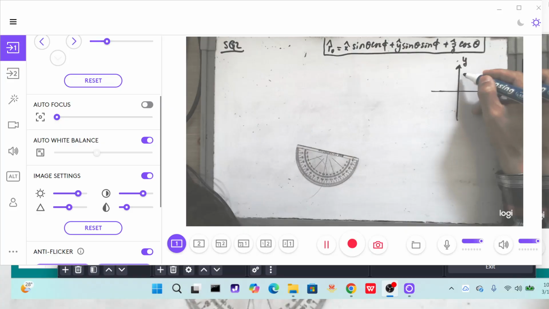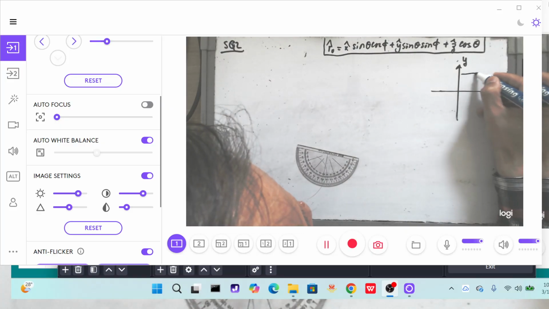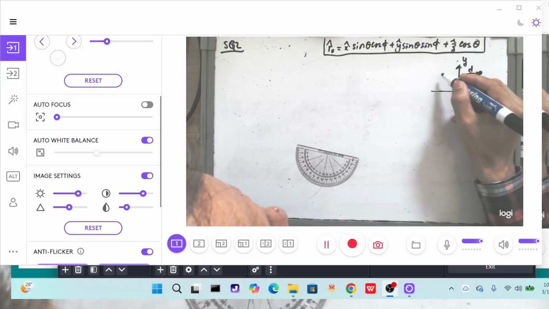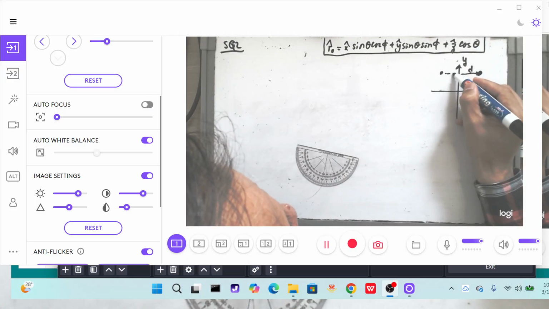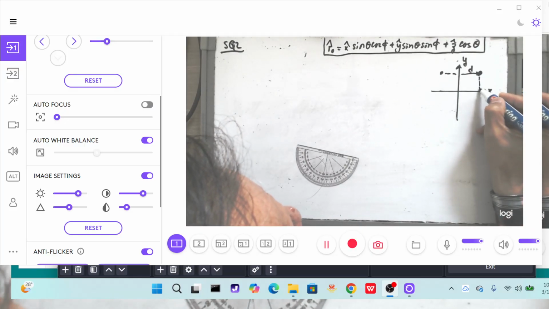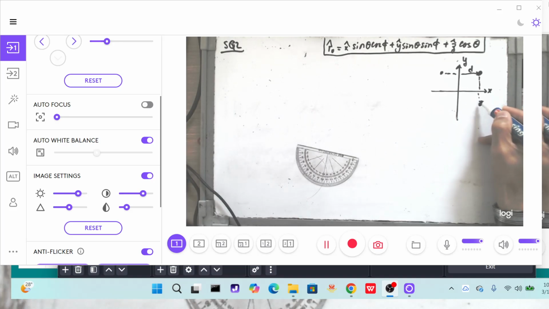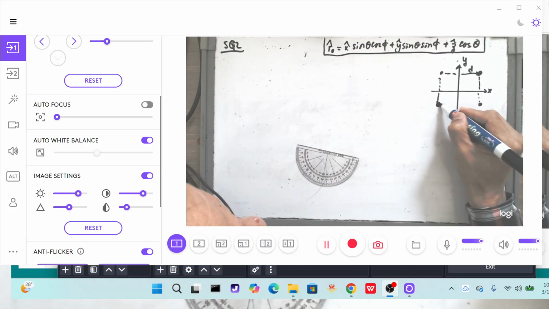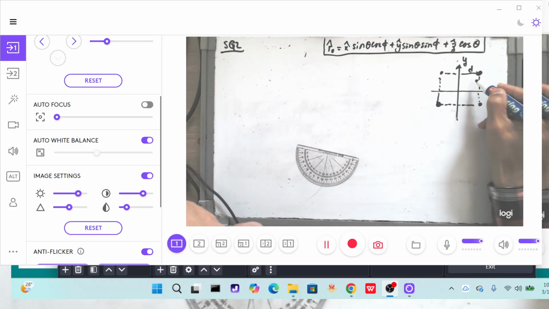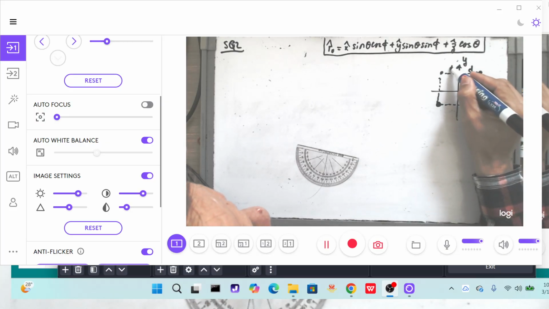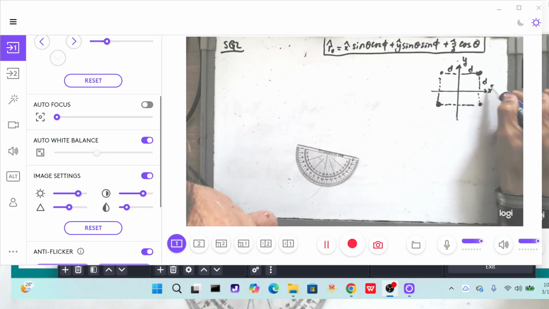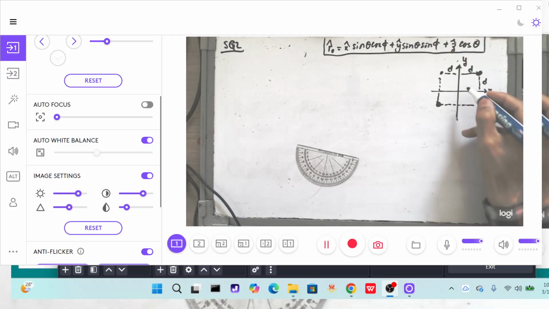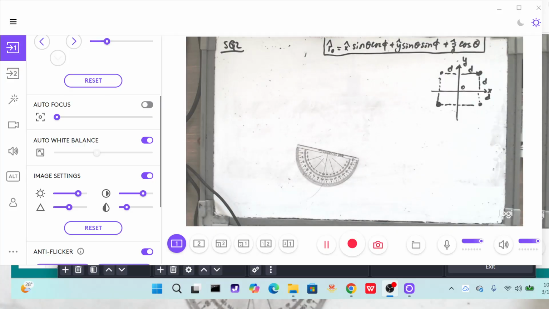So let's say here d, and we have one here, and we have one here, and we have one here, and we have one here. So they are all distant of d. This one is d, this one is d, and this is the origin.